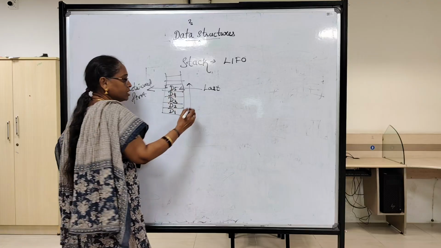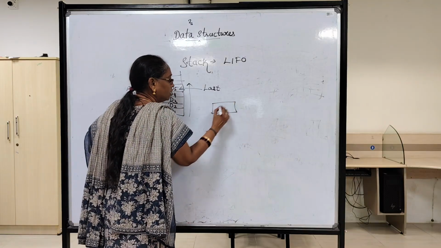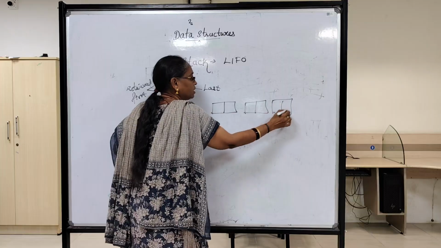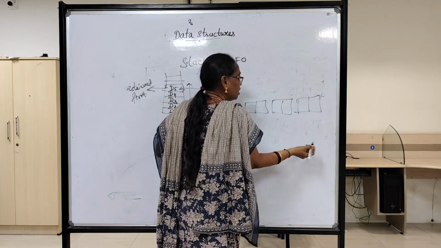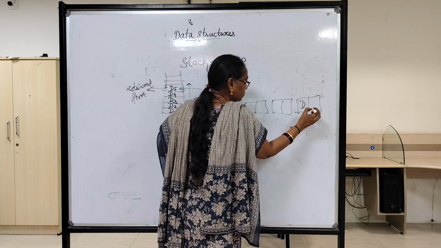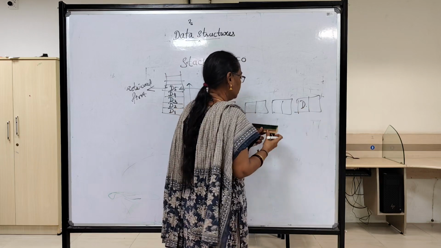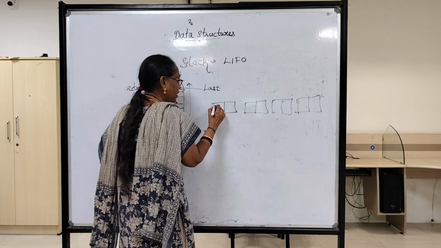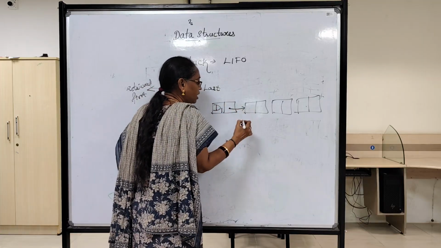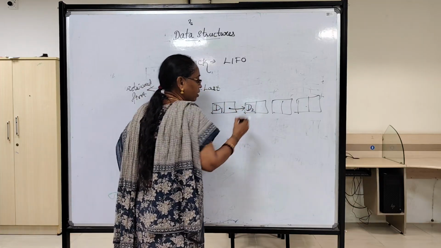So if this is the case and I want to represent it in the linked list representation, first I will store my first data and the pointer to the second node, right?